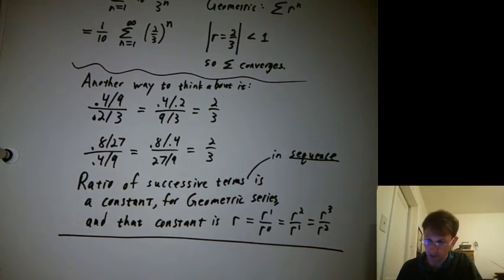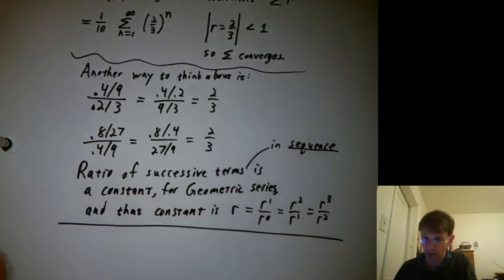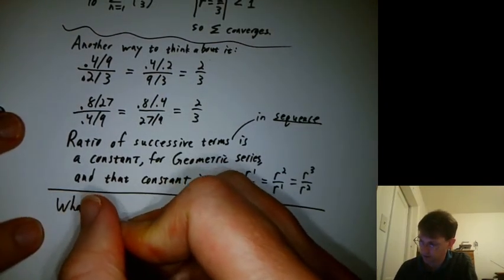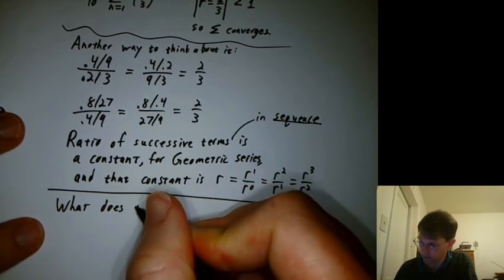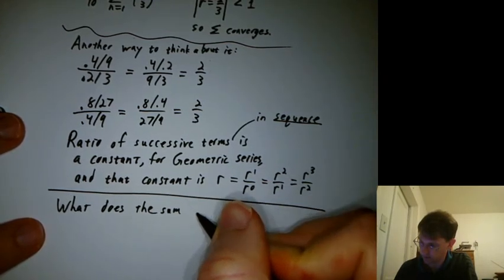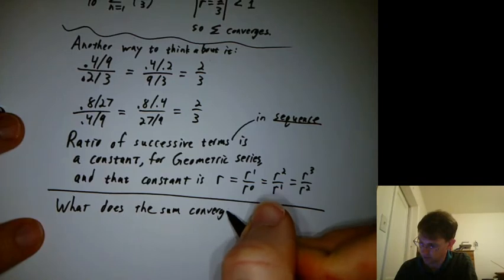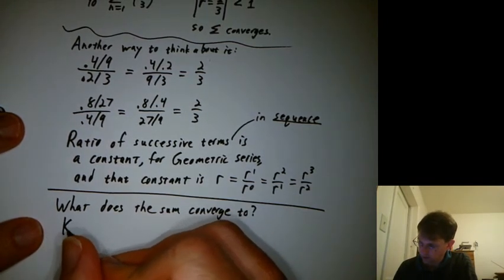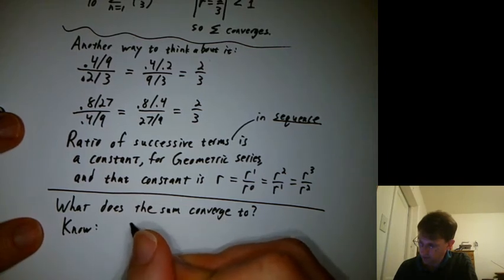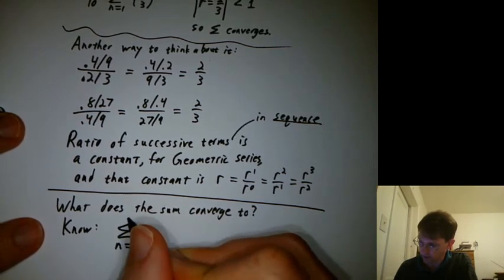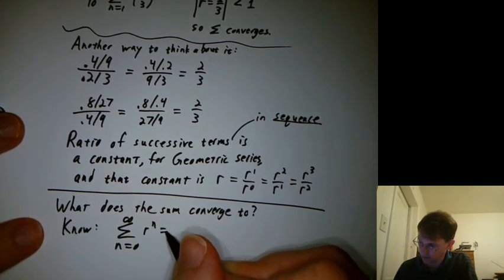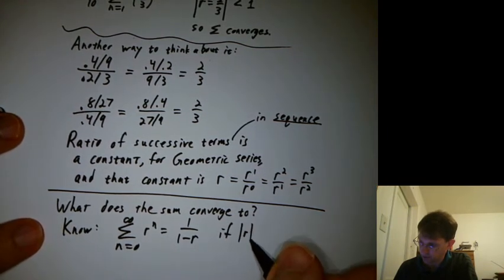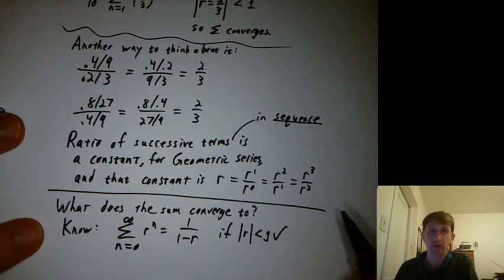Let's go find what the sum actually converges to, since we found that the sum converges. Well, we know that the geometric series starting at 0 is 1 over 1 minus r if the absolute value of r is less than 1, which it is in this problem.